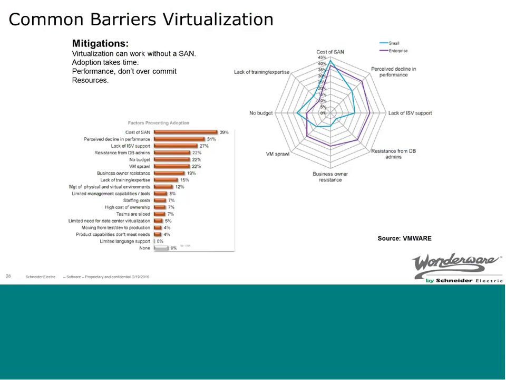So some common barriers to virtualization: there is some upfront cost if you're going to have external storage called a SAN, or storage area network. There's some upfront cost to invest in a SAN. And adoption takes time, like anything. There's a new learning curve.